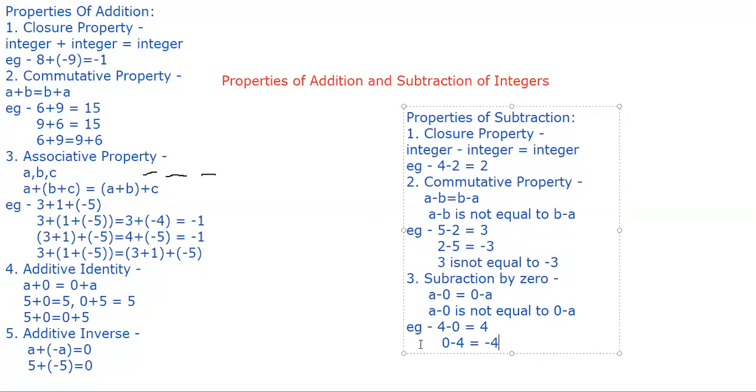So, just as we learned in the commutative property, 4 minus 0 is not equal to 0 minus 4. I hope you understood this.